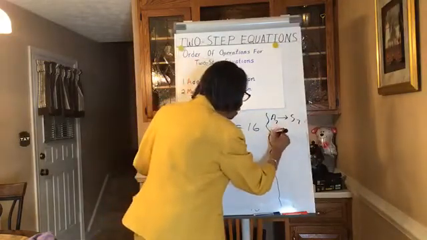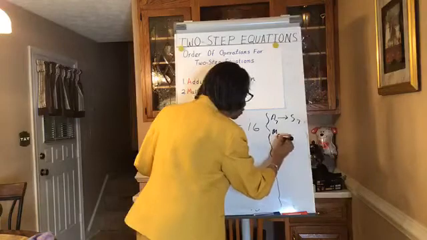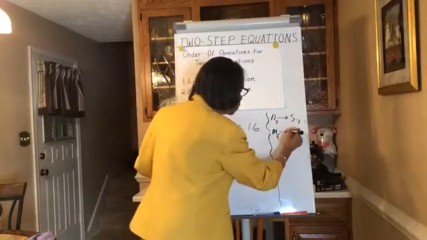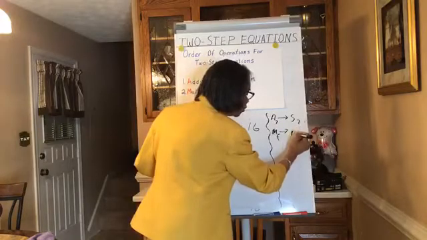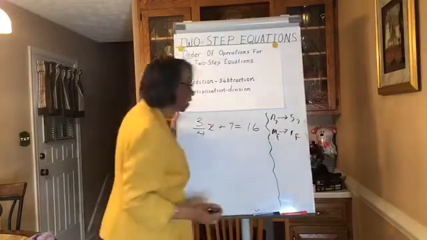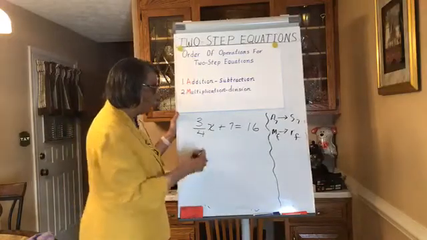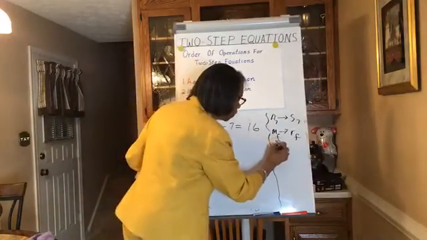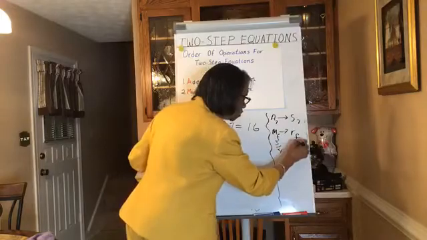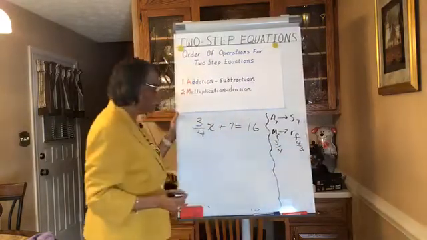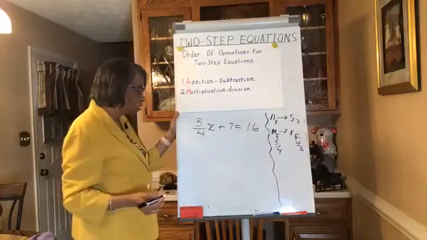So multiplication, I'm going to say fraction. And that we're going to do the reciprocal of that fraction. All right. So that's my little thought pattern. All right. So the fraction is 3/4. Its reciprocal then is 4/3. Okay, so now we're ready to put that into action.